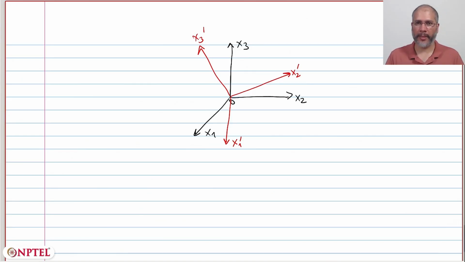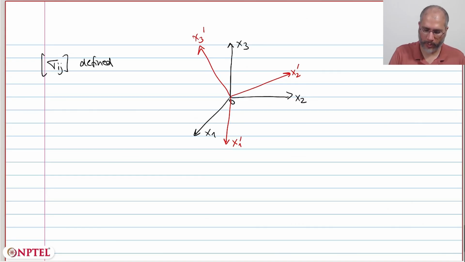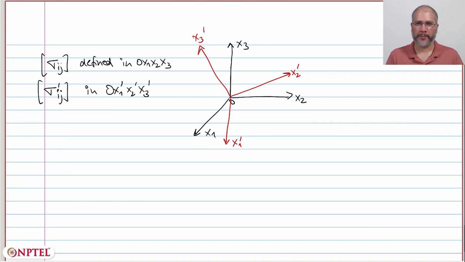So sigma was defined in the base coordinate system. So sigma ij, the tensor, because you had 9 components, the 9 components were defined in O, x1, x2, x3. And when you transform from the base to the prime coordinate system, then you will get a sigma prime ij, that is 9 new components in O, x1 prime, x2 prime and x3 prime.